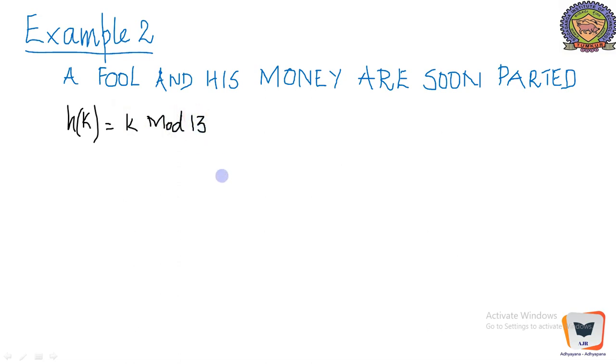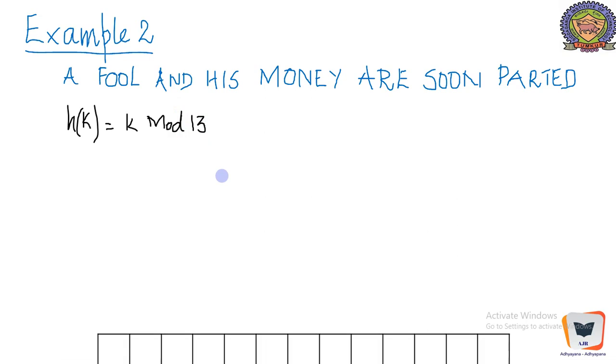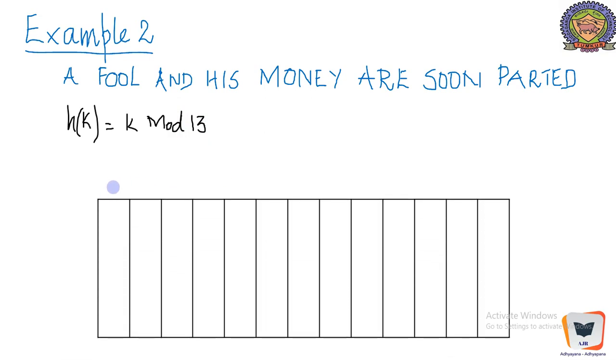Of course, the previous example will tell you the insertions. This is the 0th cell, 1st, 2nd, 3rd, 4th, 5th, 6th, 7th, 8th, 9th, 10th, 11th and 12th.